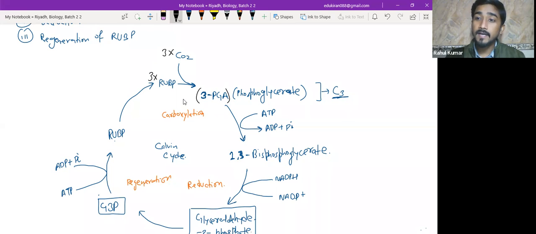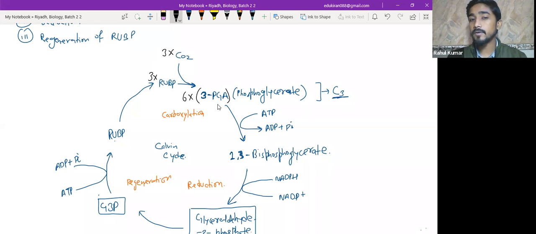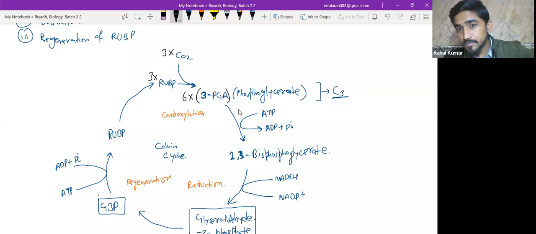If you have 18 carbons and you want to make a 3 carbon molecule, how many such molecules can you make? 6. So we have 6 into 3-PGA. Is it clear to everyone? Now, if we have 6 such molecules and each molecule uses 1 ATP, then how many ATPs are we going to utilize?